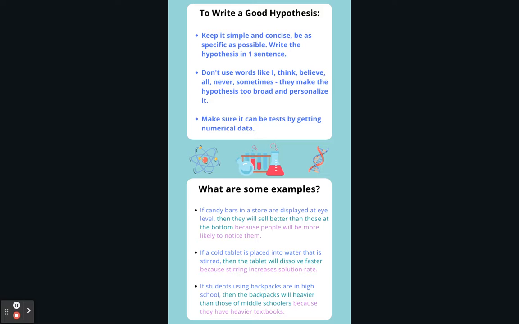Now, not necessarily true. Again, I said these were a little silly, but we can see the three parts of the hypothesis: the independent variable, what's going to be changed throughout my experiment; my dependent variable, my prediction or what I think the outcome will be; and finally in purple, the researched reasoning behind it.